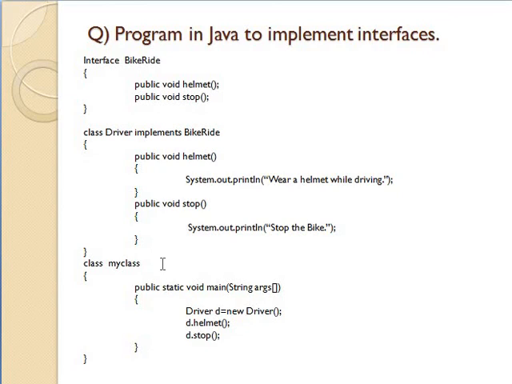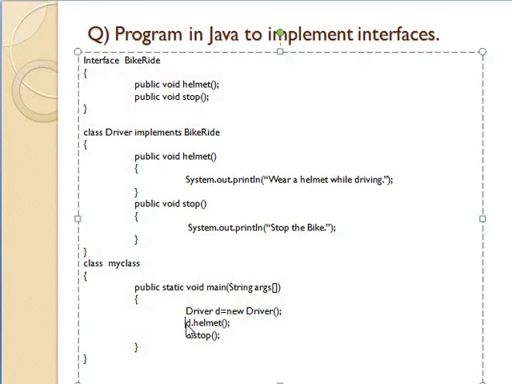Now come back again to this program. We were here, using the object D of the class driver, we call the helmet method of the class driver. Once this statement gets executed, the control shifts back here, and then moves to the next line.